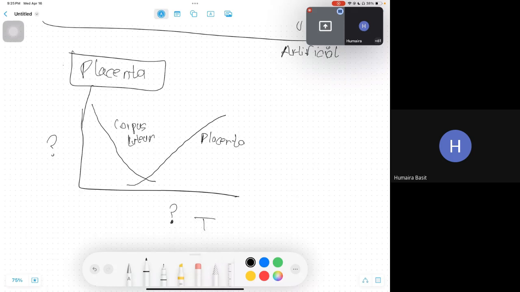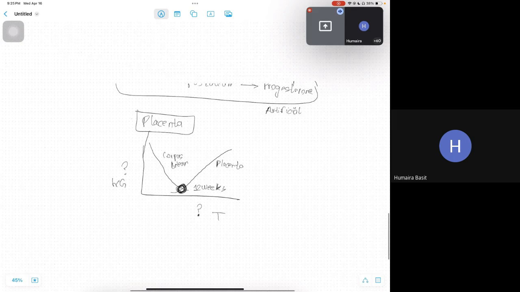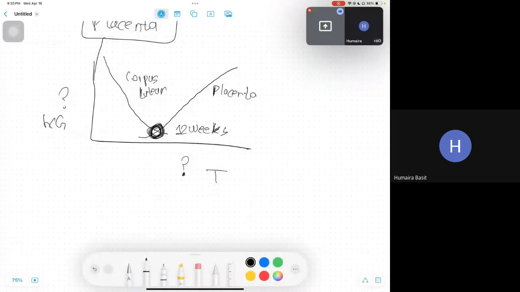Obviously this will be a timeline, or they can ask you what is the point when the placenta starts making HCG. That would be 12 weeks. So again, the NBME or the boards or the USMLEs want you to integrate your knowledge with the figures, and they want you to become a bit creative. So remember, they can give you this kind of a question in a diagram or something like that.